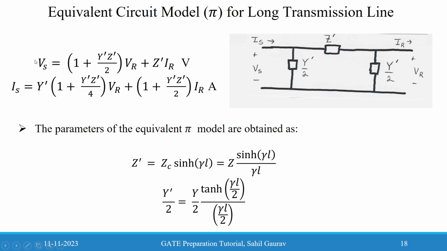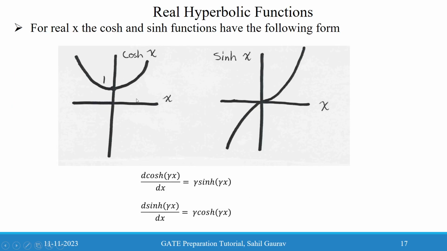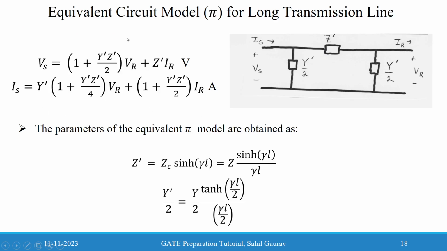Upon writing this expression, you represent it by Z' and Y'/2 and equate this expression with the previous one, cosh(gamma l), ZC sinh(gamma l). On equating these terms with the previous one, you will get this Z' and Y'/2.